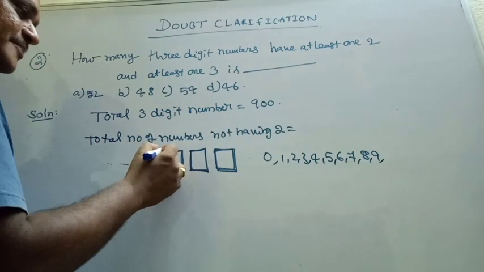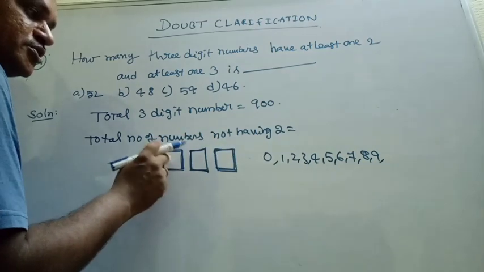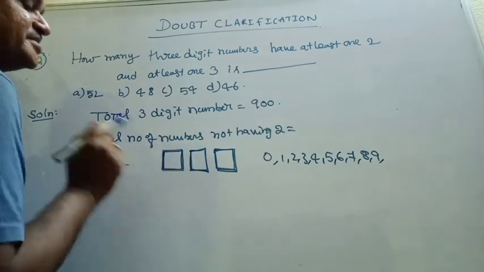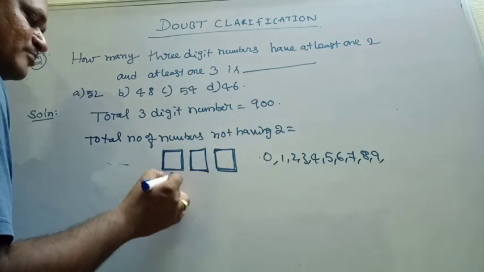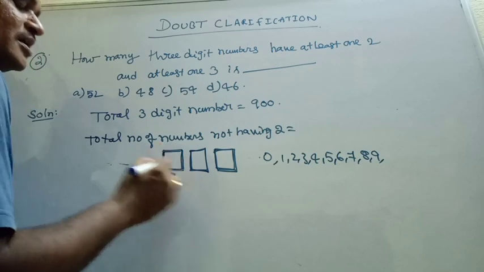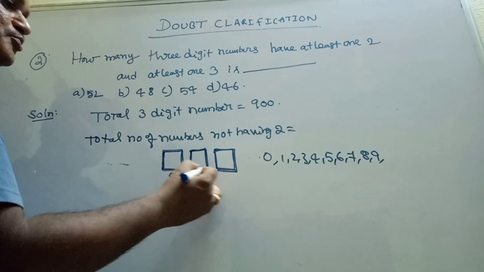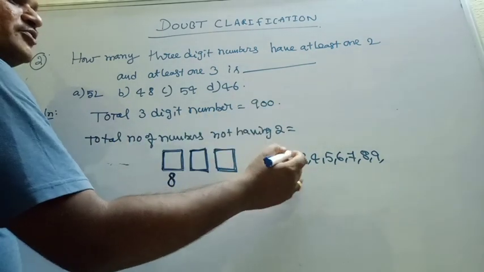Here this is the hundreds digit. We should not use 0. If you use 0 here, it will be no more a 3-digit number. This is the units digit, tens digit, hundreds digit. 0 and 2 we should not use here. That means there are 8 possibilities for this hundreds digit. Now for this tens digit we should not use 2, because we want the numbers not having 2.